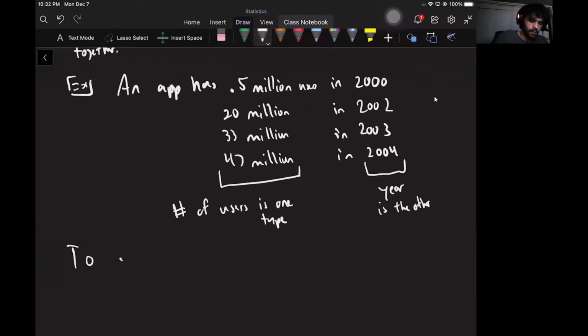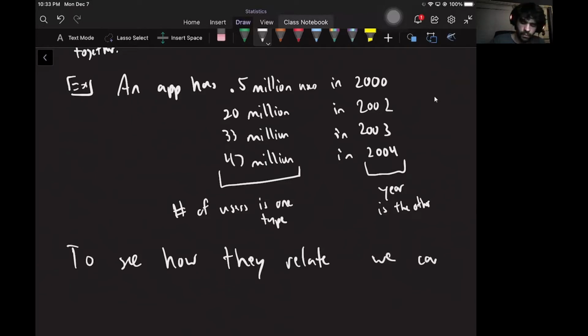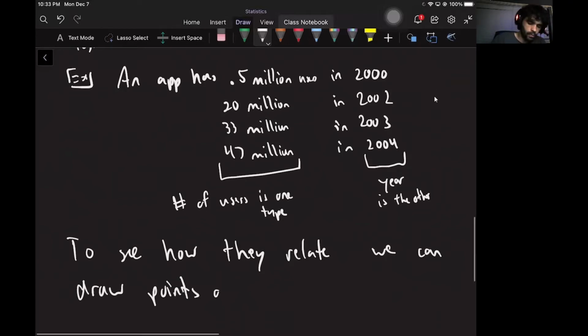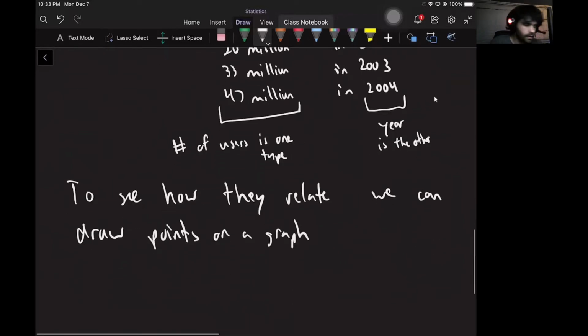So to see how they relate, we can draw points, so actual points on a graph. So the old XY axis thing that you learned a million times.